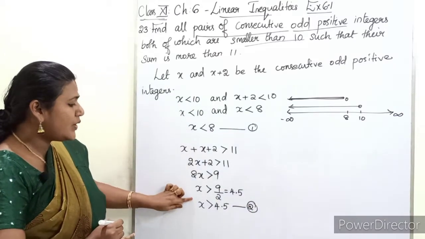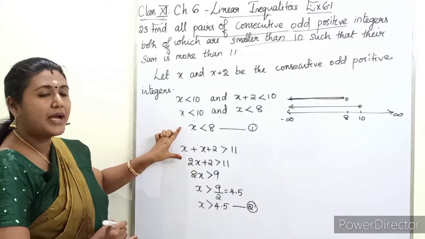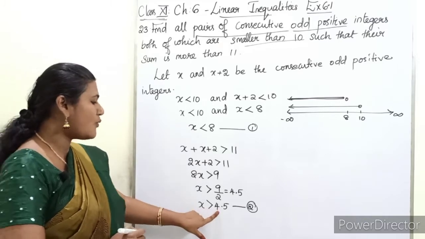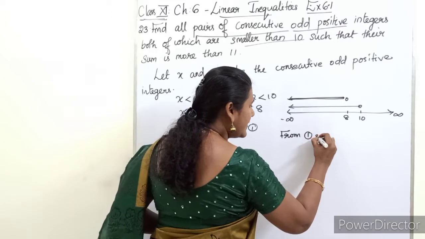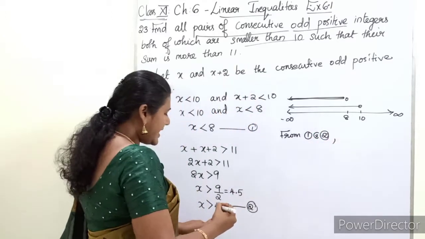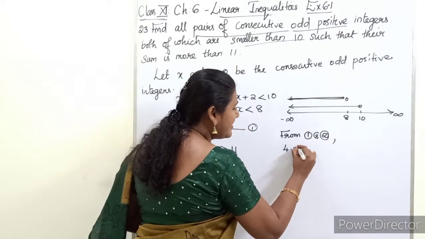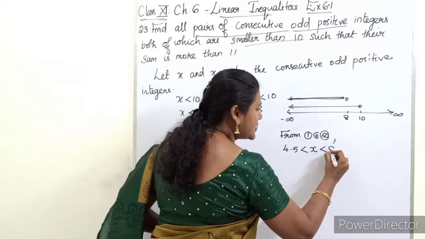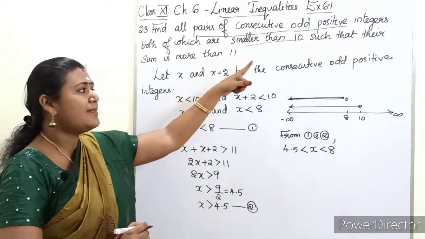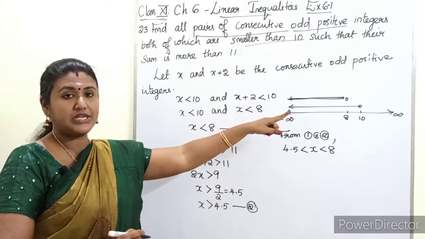So now we got two inequalities. So we will combine these two inequalities. So what can we write from inequality 1 and 2? We can write 4.5 less than x and x is less than 8. So x is actually an odd positive integer.